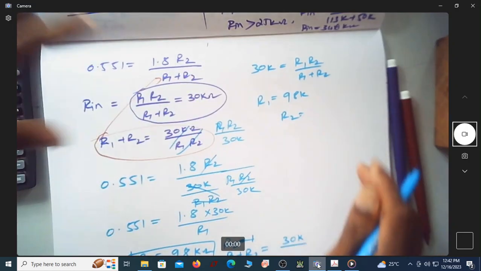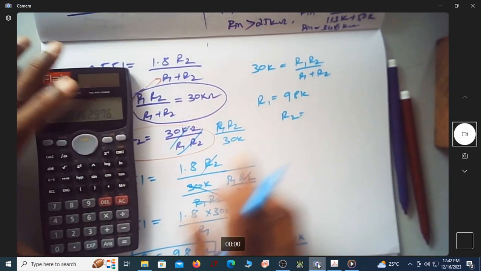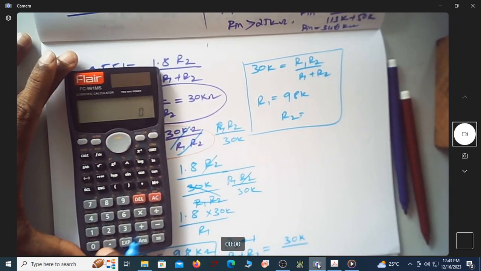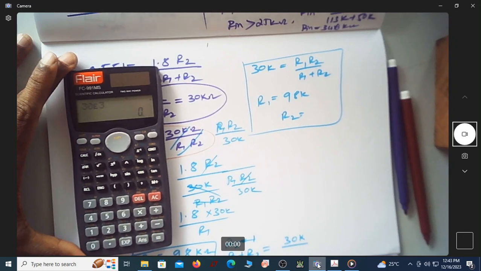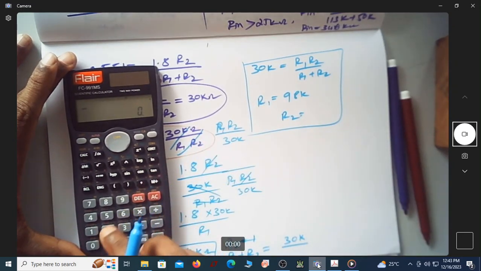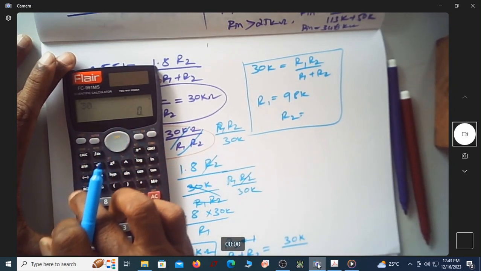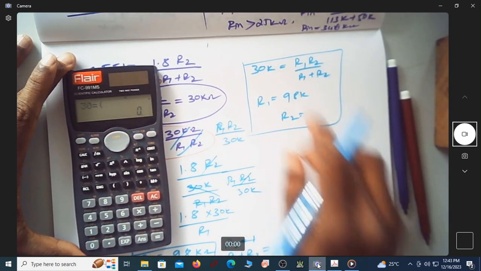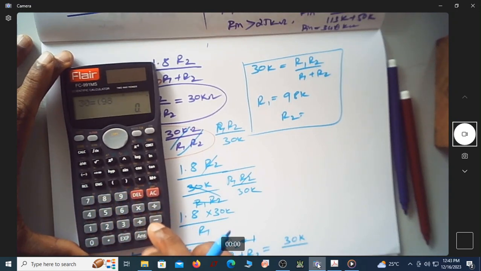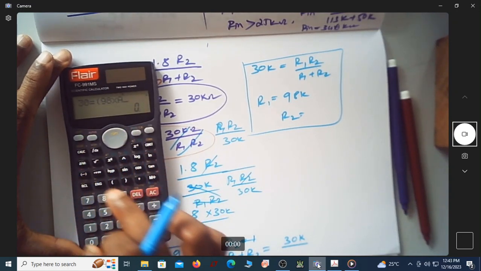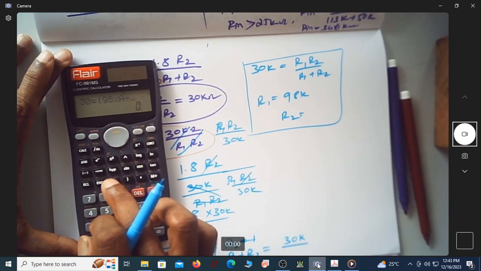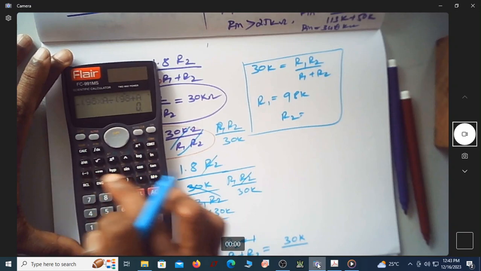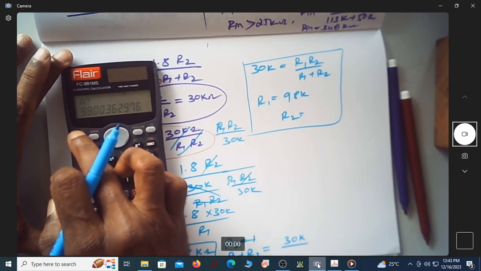Can I find R2 now? I can find R2 using this equation. Is it not 30 exponential 3, or simply make it 30 alpha equals, so what is R1? R1 is 98 into alpha A divided by 98 plus alpha A, shift cal.